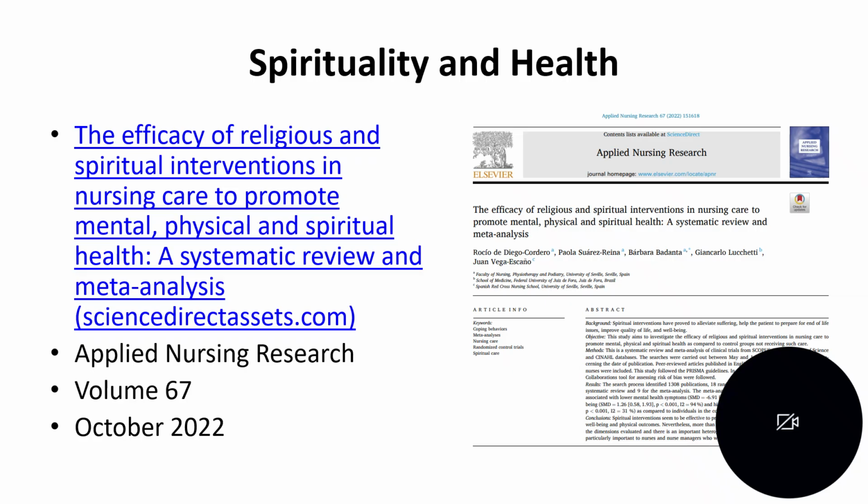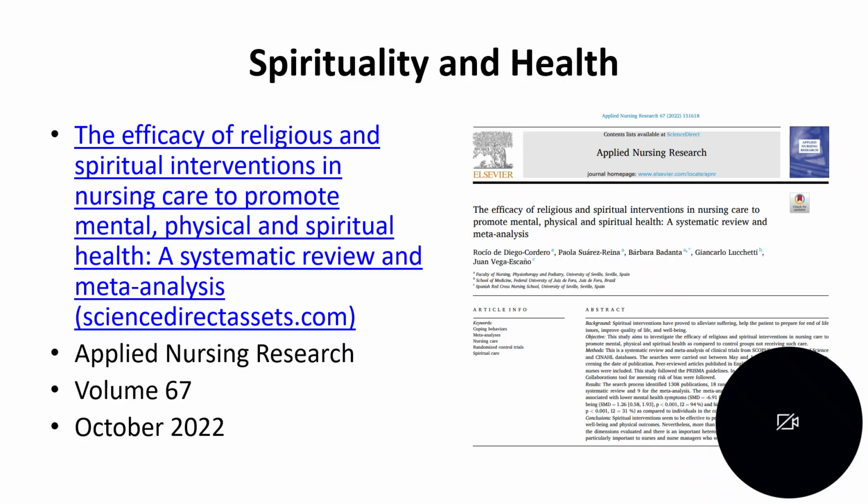The title is The Efficacy of Religious and Spiritual Interventions in Nursing Care to Promote Mental, Physical, and Spiritual Health, a systematic review and meta-analysis. What I liked about this particular paper is that there are tons of references, and you could go back and see.